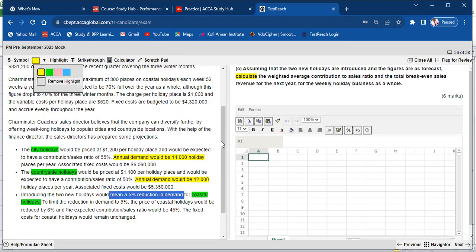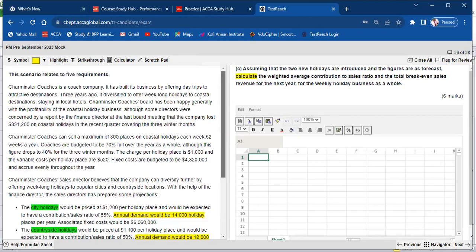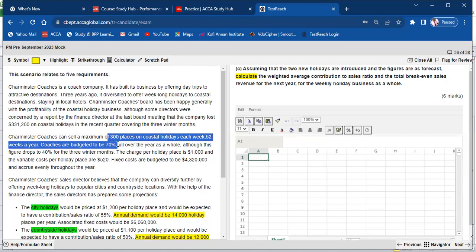Don't forget, the demand for coastal has been capacity 300 per week times 52 weeks times 70%. It will reduce by 5%.